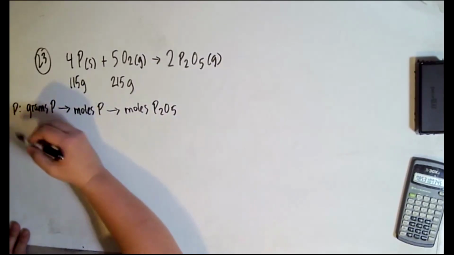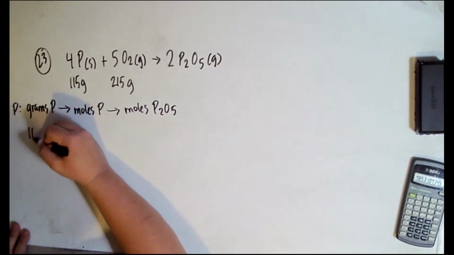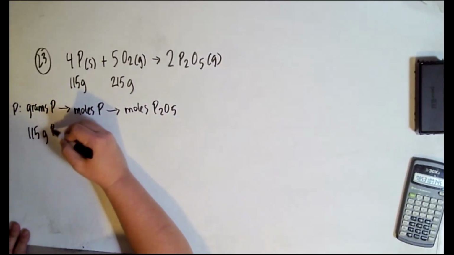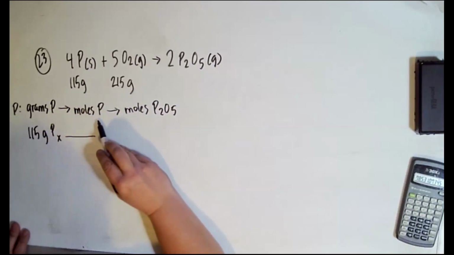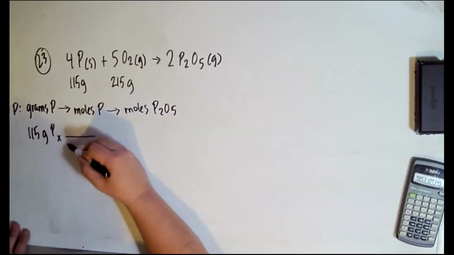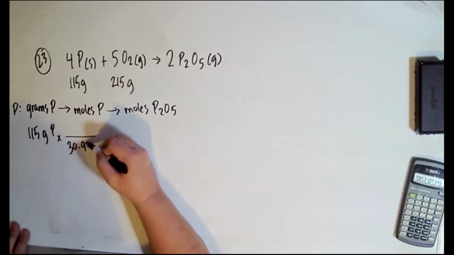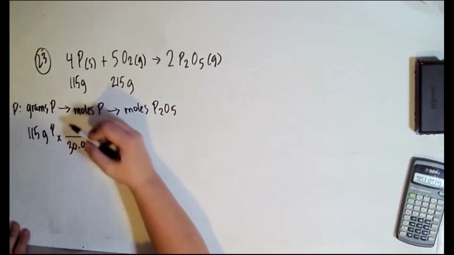So we have 115 grams of phosphorus. We're going to look at the molar mass of phosphorus. It's 30.97 grams in 1 mole.